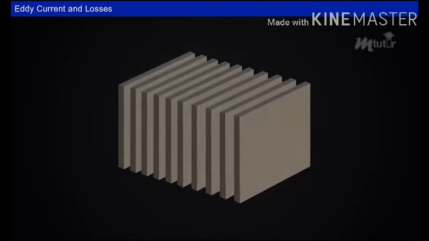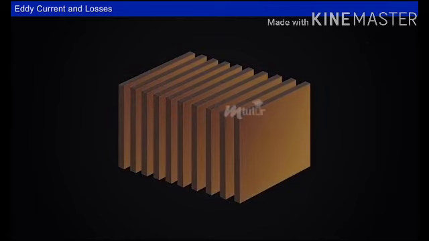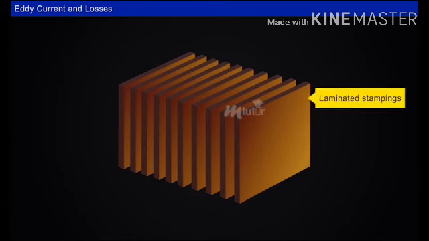This can be achieved by using several thin electrically insulated plates called laminations stacked together to form the core instead of a solid block of iron. These laminations are insulated from each other so that the eddy currents cannot circulate across the laminations.